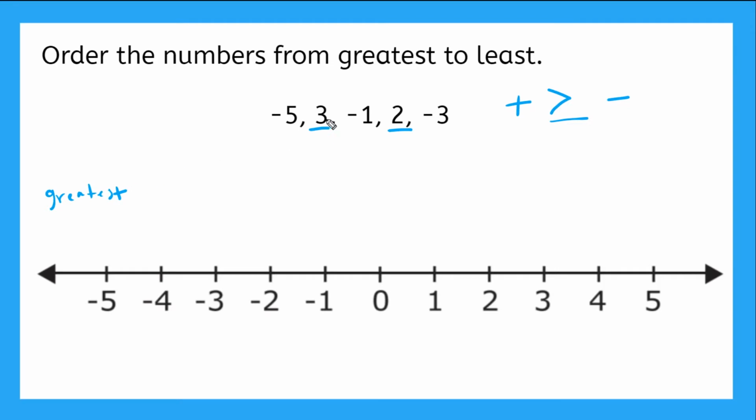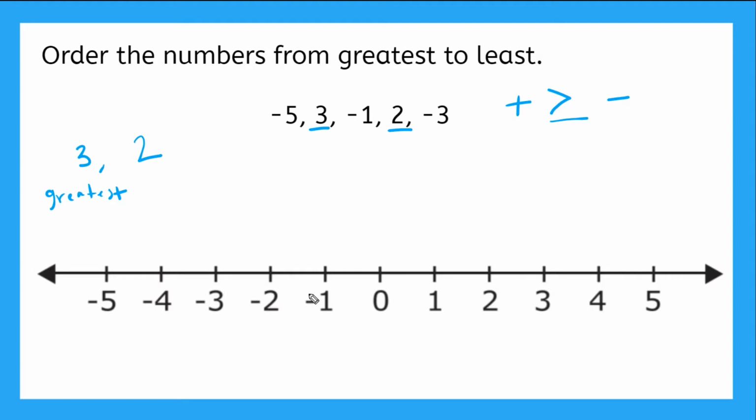And we can order them. We know that 3 is greater than 2, so we can start our list 3, 2. Okay, so now we have -5, -1, and -3. Which of these negative numbers is the greatest? What's our rule again? Oh yeah, the closest to 0, the greater the negative number.